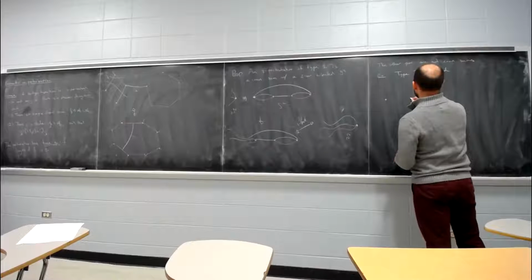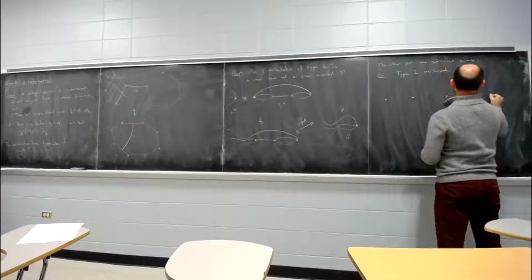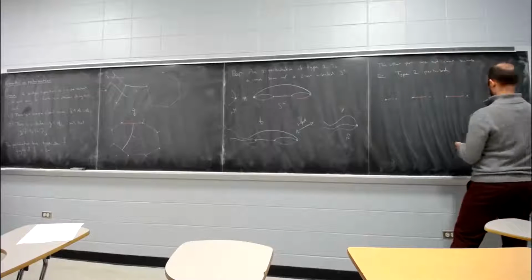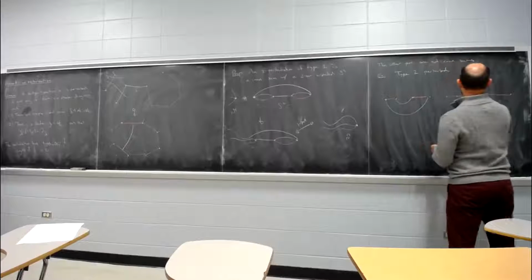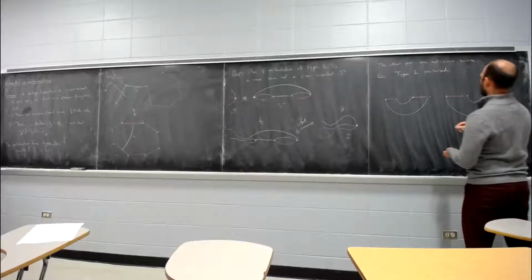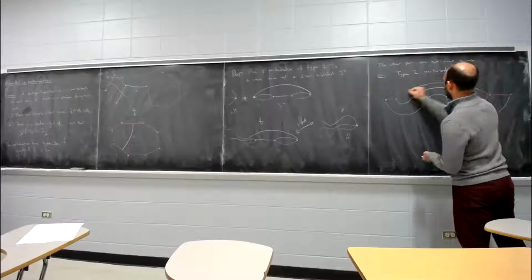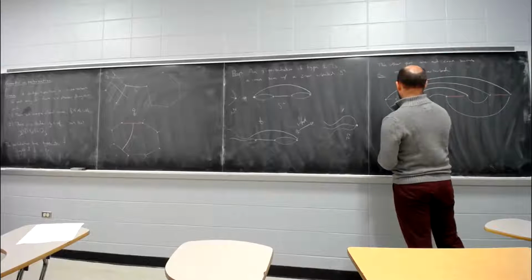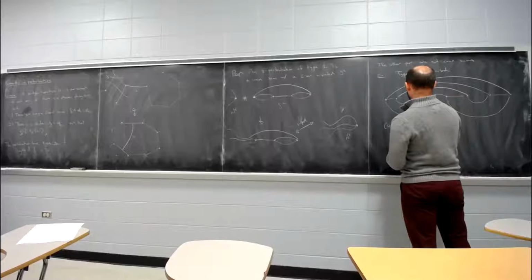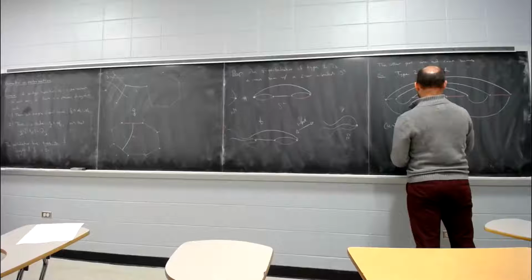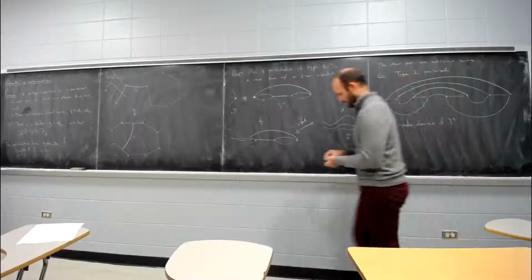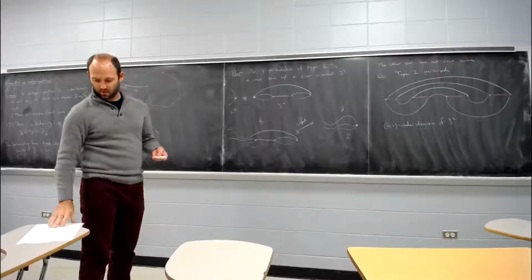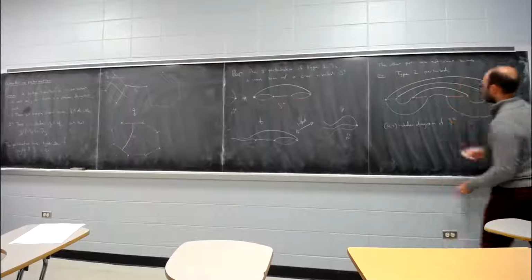So let's draw this picture here. I don't think I drew this earlier. Okay, so this is a 4-2 shadow diagram of the unknotted two-sphere. And I think this is the graph that's a cube.